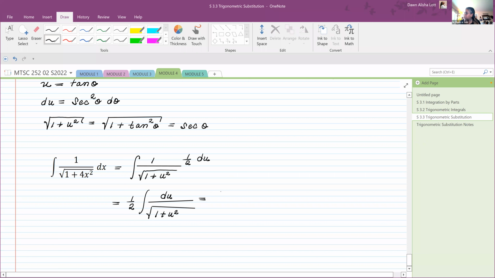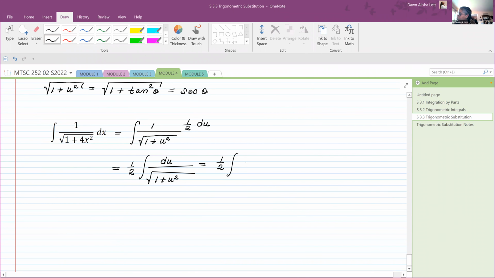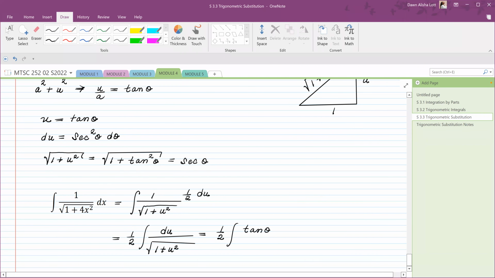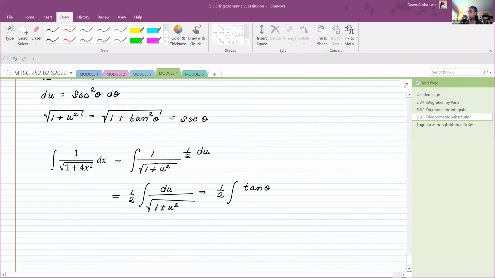So now what's du? du, we already said, was tangent of theta d theta. Wait, wasn't du secant squared theta? I'm sorry, du is secant squared theta d theta, you are correct.